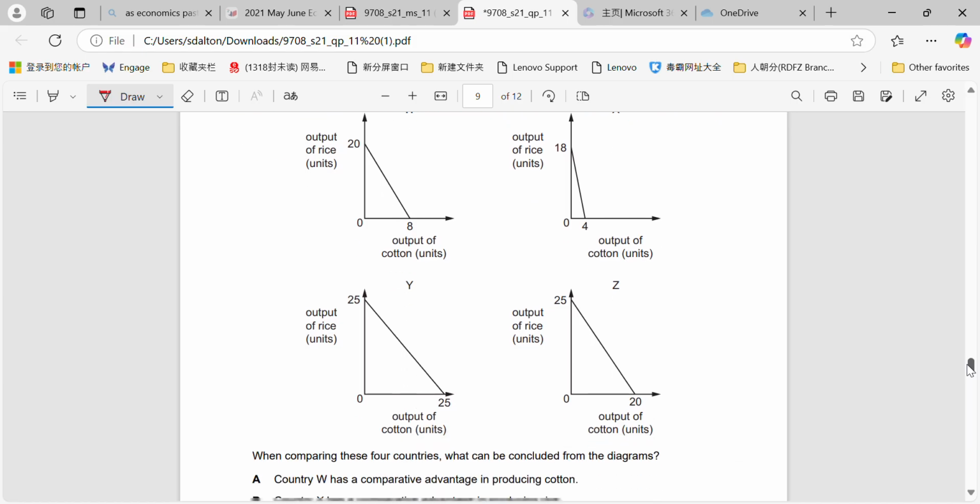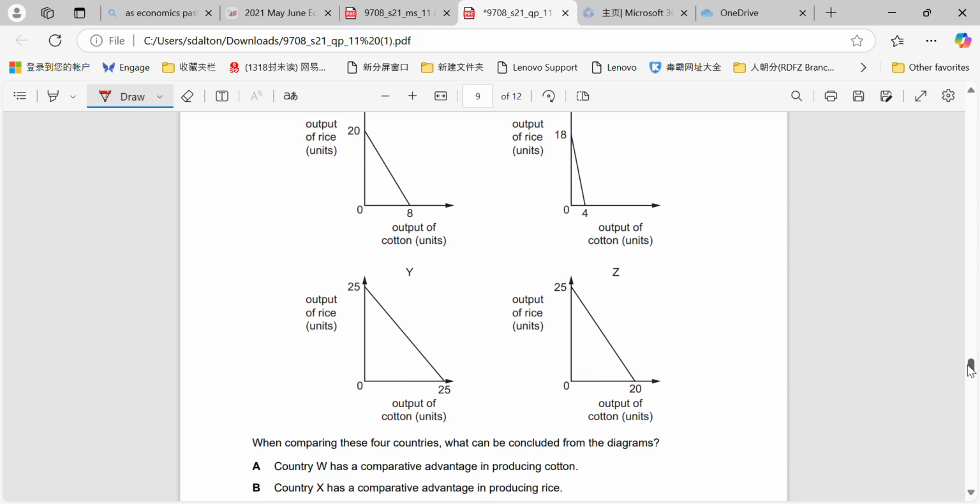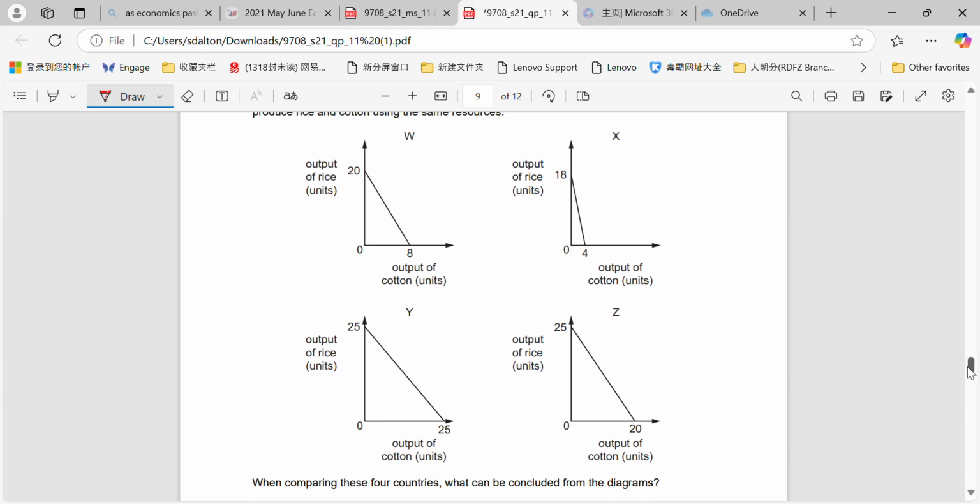Okay, we've got four curves here, and we're asked to find out comparative advantages. So if we take a look at these, country W has a comparative advantage in producing cotton. So we need to calculate their opportunity cost, and if they're going to have a comparative advantage, they will have the lowest opportunity cost, right? So country W here, for one rice, they have to give up 0.4 cotton.